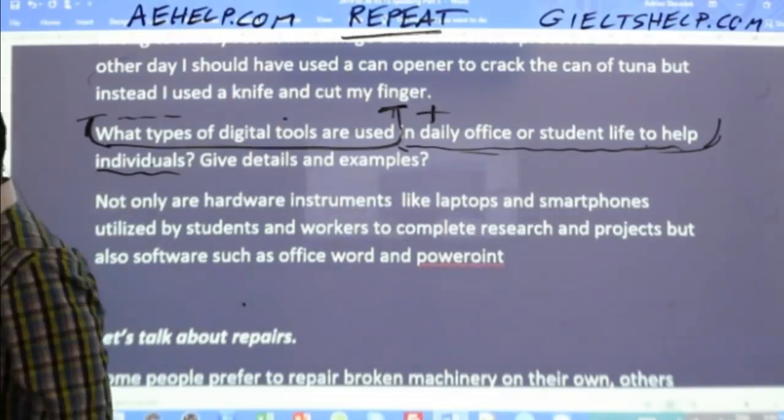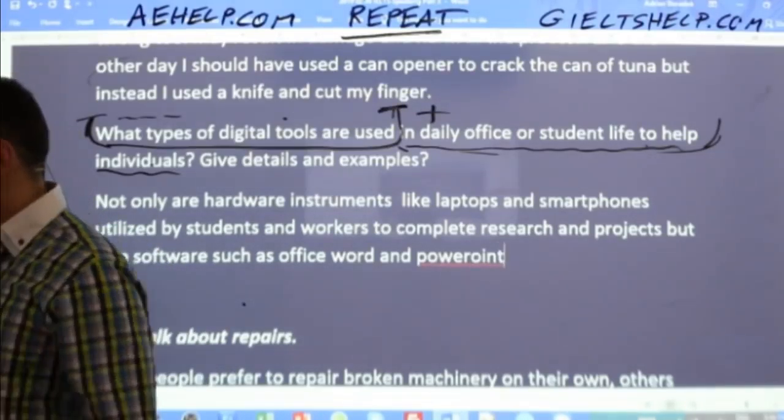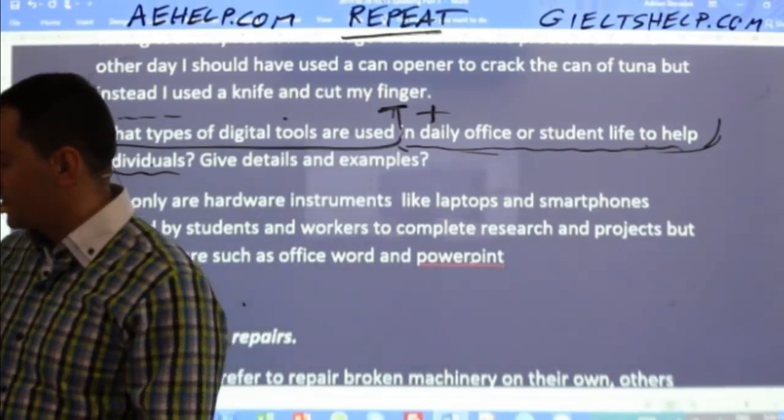Okay. So what I'm doing here is using a correlative conjunction right away to start off.